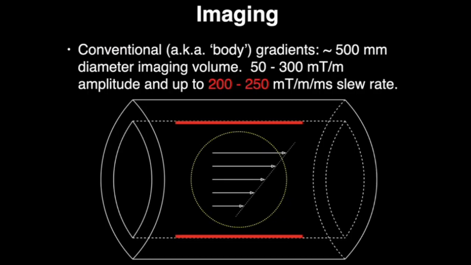So how that works is, we have our whole body gradients here. That circle, that imaging volume that we span, tends in clinical systems to be about 48 to 50 centimeters. And over those volumes, we're constrained to these FDA and IEC slew rate limits.